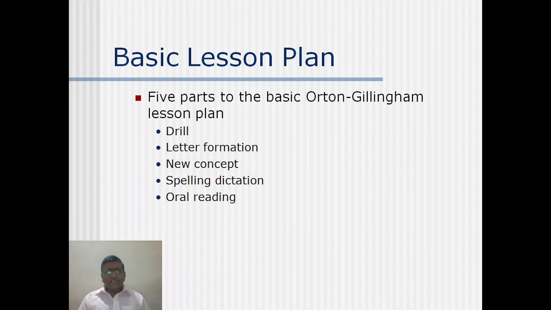Now coming to the basic lesson plan. There are 5 parts to the basic Orton Gillingham lesson plan. First point, a drill. Second point, letter formation. Third point, new concept. Fourth point, spelling dictation. Fifth point, oral reading.